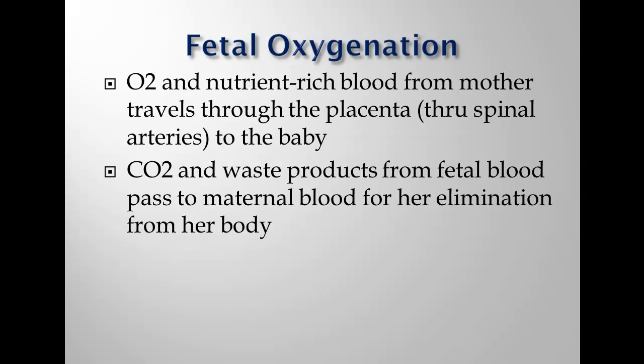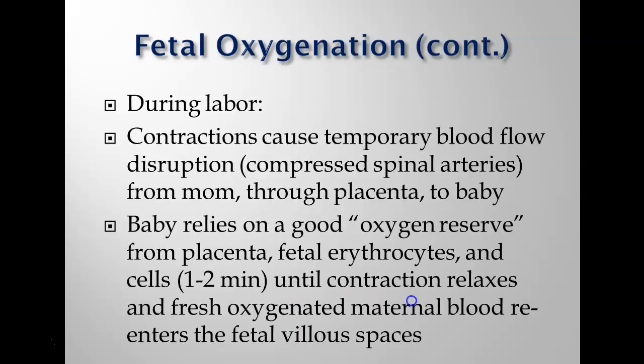Fetal oxygenation is vital during labor. So oxygen and nutrient-rich blood from the mom is traveling through the placenta, through the spiral arteries, to the baby. And remember that CO2 and those waste products from the fetal blood are then in turn passed to the maternal blood for her to eliminate from her body.